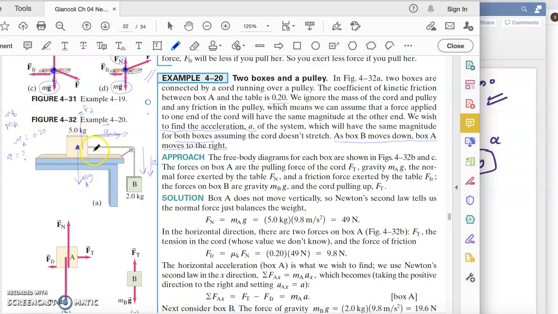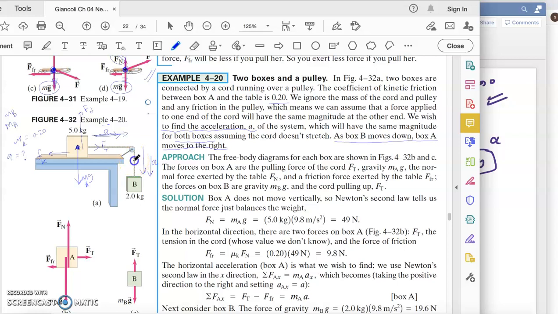Alright, what are the other forces on object A? We have the tension force, and we have also the friction force, the kinetic friction, because it's moving. Wow, great, we got it. What about object B?